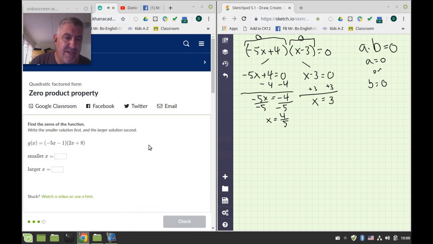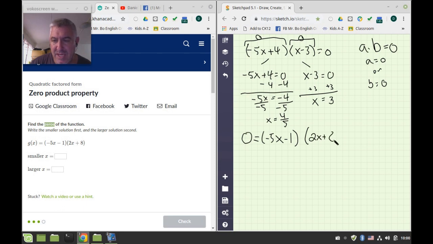Okay, so let's look at the next problem here. Find the zeros of the function. So we want the zeros, so that means we want the time when the function is 0. So this is going to be 0. So we want to find the zeros of the function. We're going to set the function equal to 0. 0 is equal to negative 5x minus 1 times 2x plus 8.